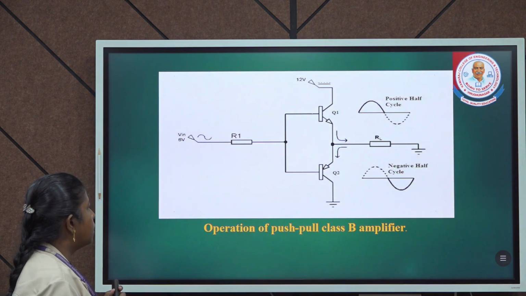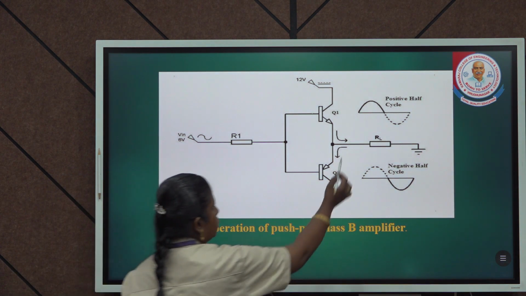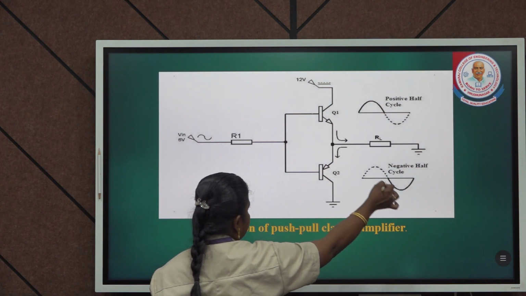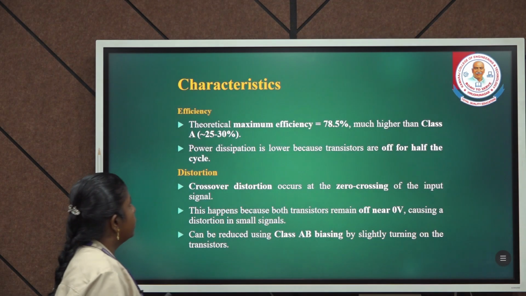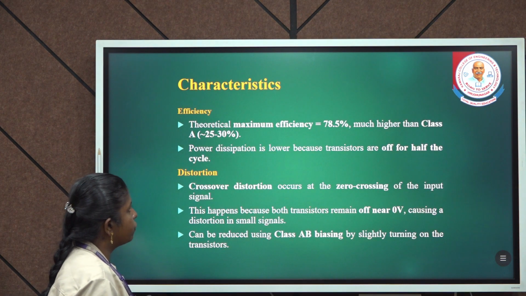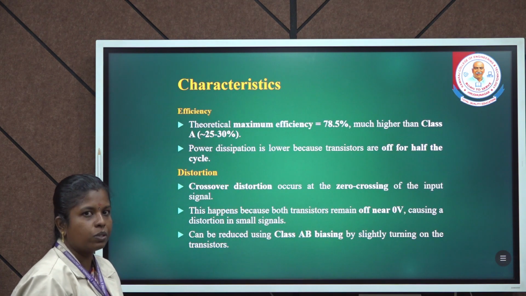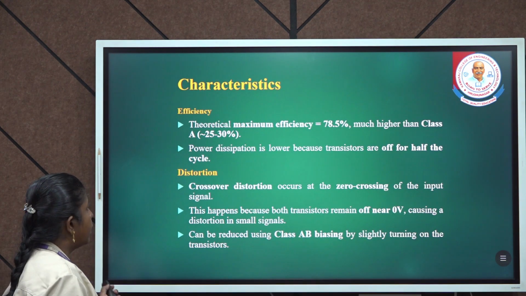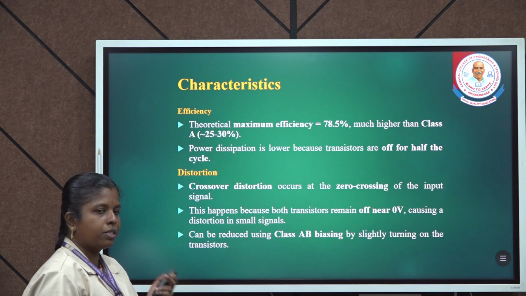Coming to the operation in detail, in the push-pull Class B amplifier, for the positive half cycle Q1 alone is able to transmit, and for the negative half cycle Q2 is able to transmit. The efficiency is in the range of 78.5%, which is much higher than the Class A amplifier, which gives an efficiency of 25 to 30%, and the power dissipation is lower because the transistors are off for a specific half cycle.